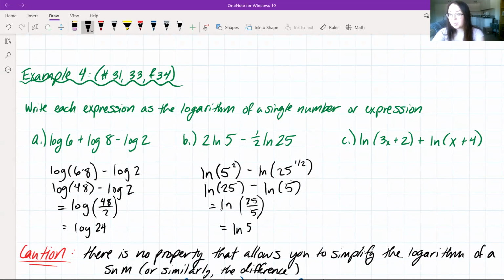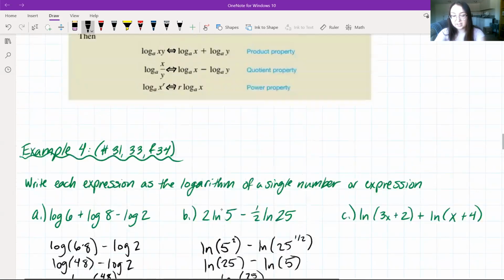All right, and so for part C, our very last part in example 4, we have the natural log of 3x plus 2 plus the natural log of x plus 4. So now we're not working with real numbers anymore. We're working with variables and expressions like how we said earlier. So we can still simplify this, and we see that our natural logs are being added to each other.